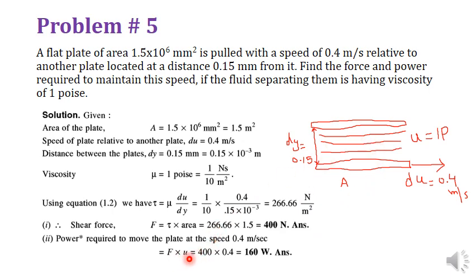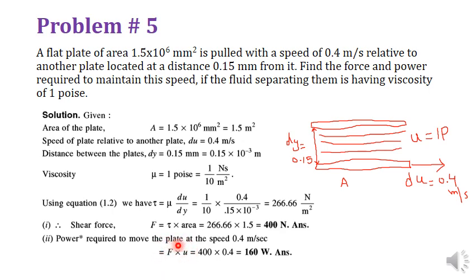So the work done by this particular system, the total work done, can be calculated by multiplying your force with the distance, that is the speed at which it is working. So 400 into 0.4, 160 watt. So in this way you are getting it in a unit. You may have a question over here: why are we using a formula of work done with respect to power, when there is another formula?